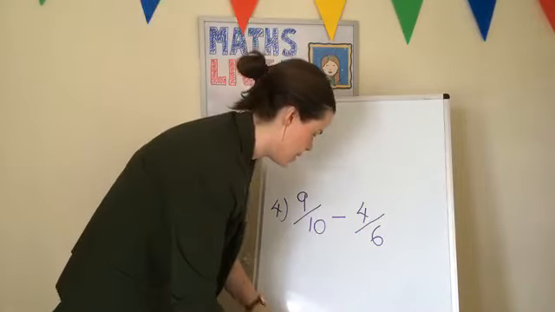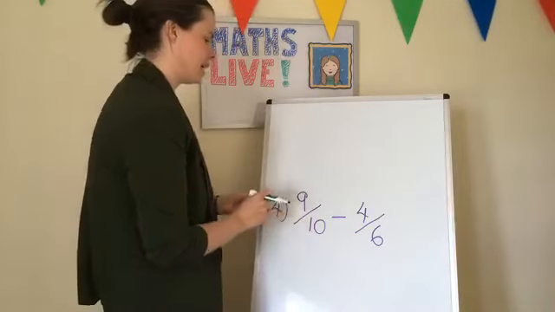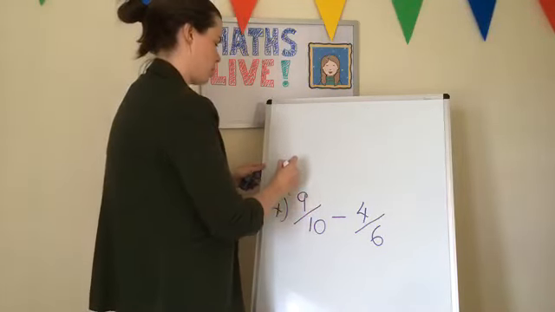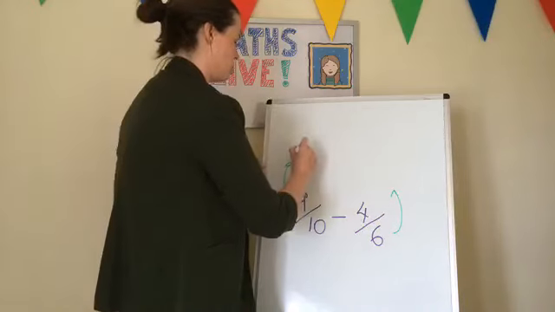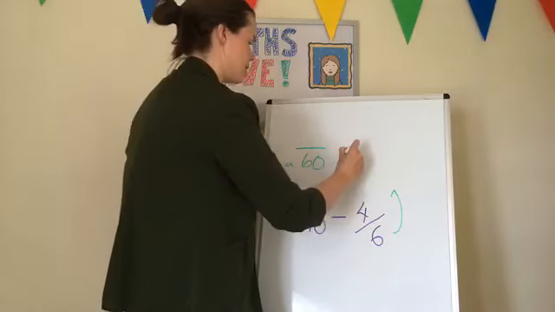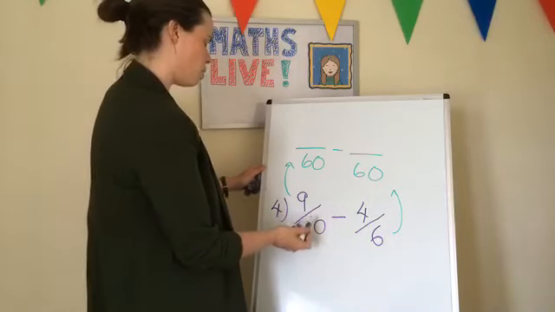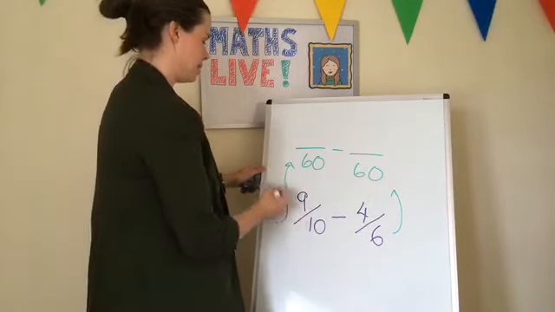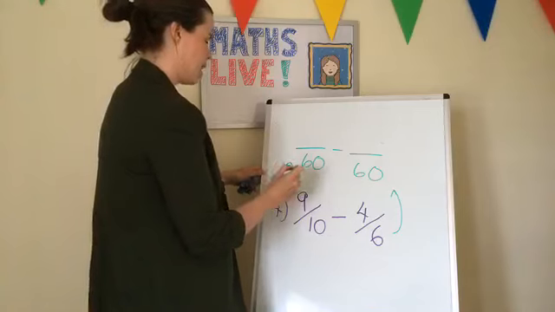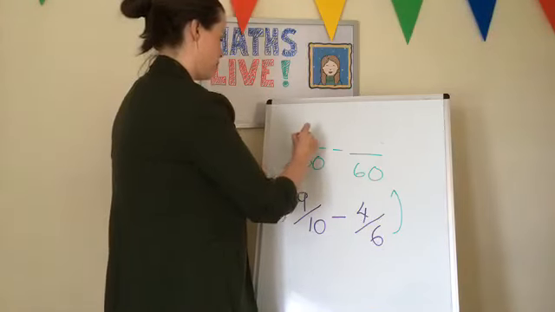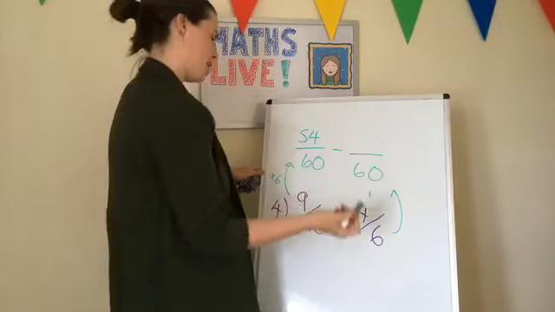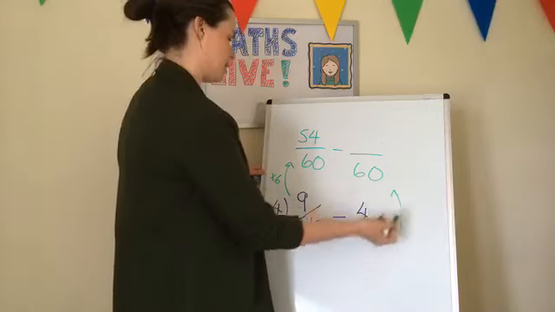Right. Next one. 9 over 10, take away 4 over 6. Let's go up. So our common denominator is 60. And we are subtracting. So what did you do to 10 to make it into 60? Times it by 6. So 6 9s are 54. And then what did you do to 6 to make it into 60?